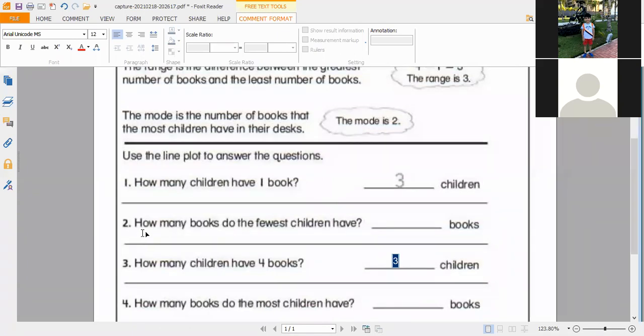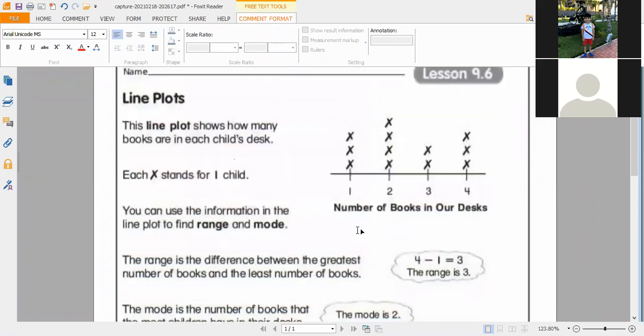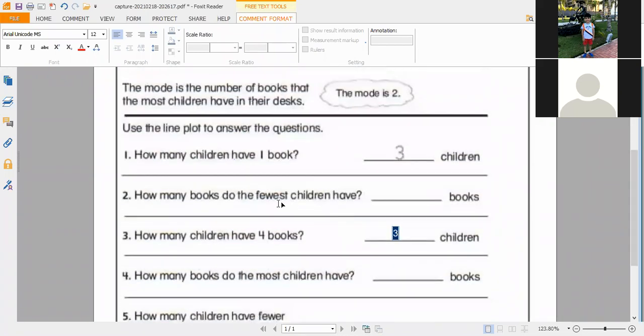Now we have another question. How many books do the fewest children have? Fewest children, read the question carefully.